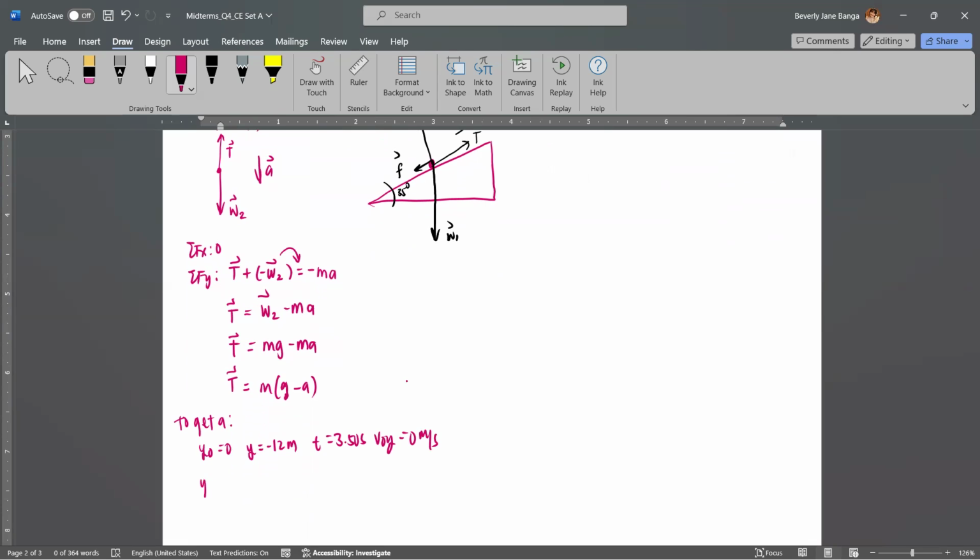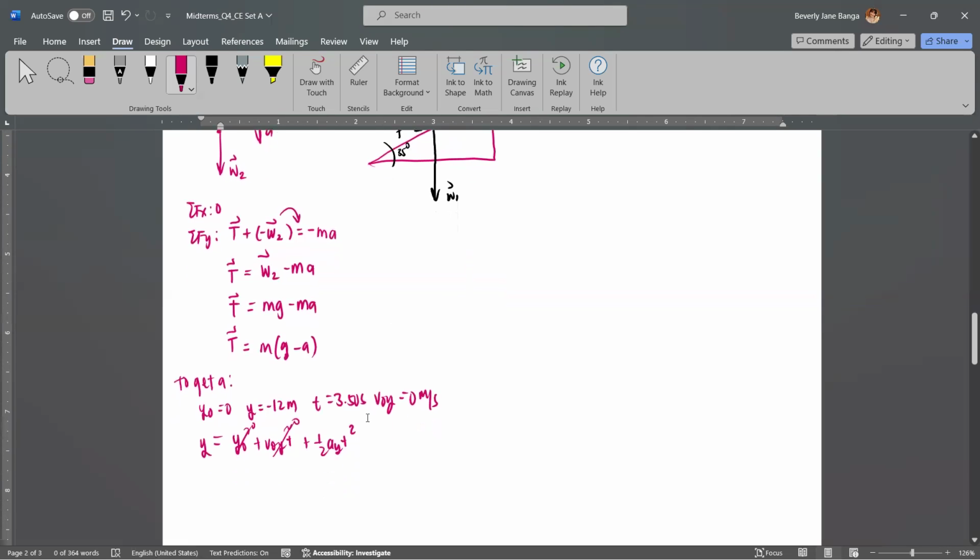So you're going to use here your y is equal to y naught plus voy t plus 1 half ay t squared. So y naught is 0, voy is 0. So we're left with 2y over t squared is equal to ay. And so you have 2 times negative 12 over t squared, which is ay.